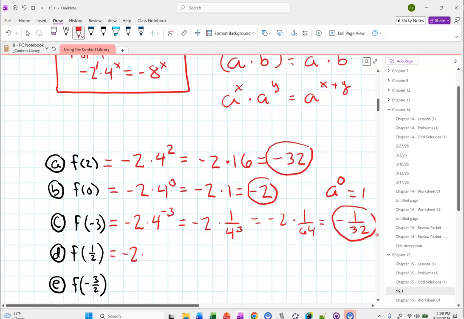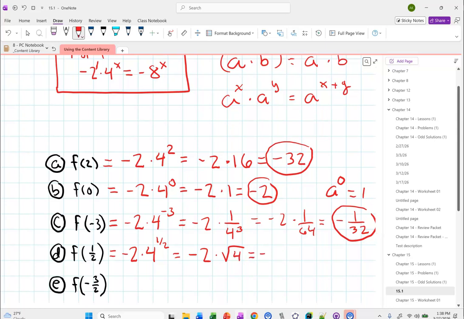Okay, next one is f of 1/2. What does an exponent of 1/2 mean? It's a square root. And the square root of 4 we have to do first.